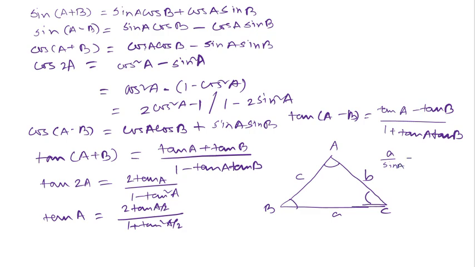The ratio of the side and the sine of its opposite angle is equal. So a by sin A equals b by sin B equals c by sin C. We are going to use some applications of this in physics. This is called the sine rule.